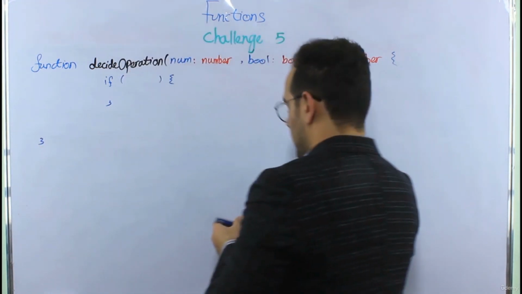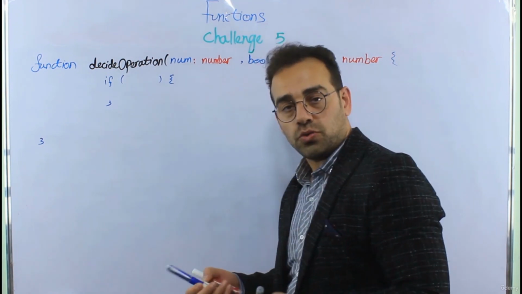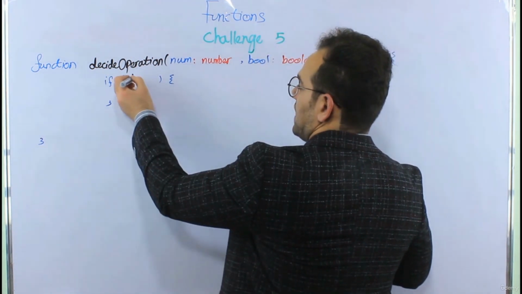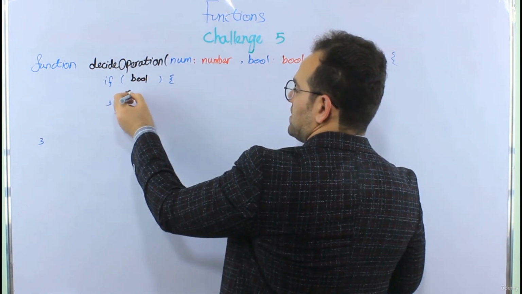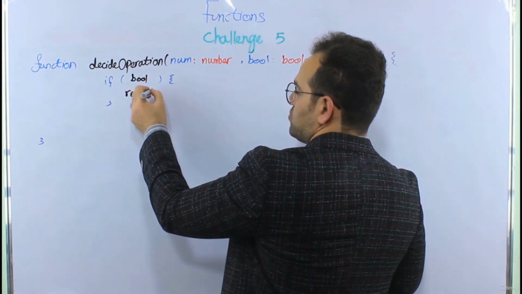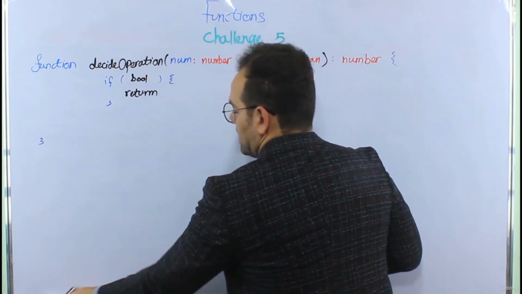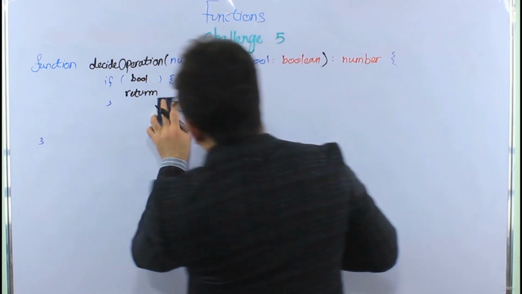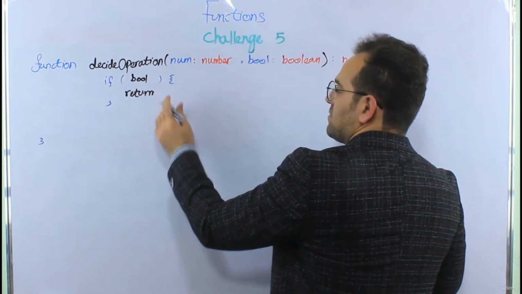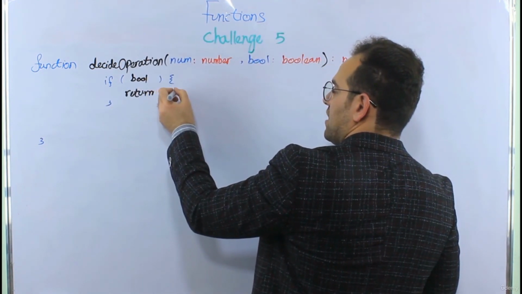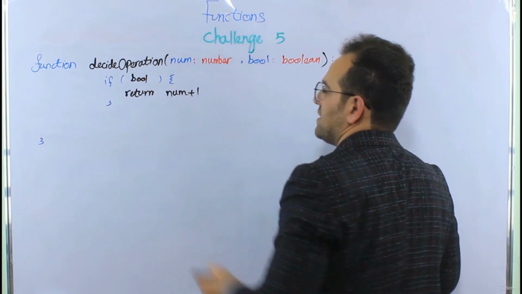Now, if the Boolean is true, then we want to add 1 to that number. So from this if statement, we want to return num plus 1.